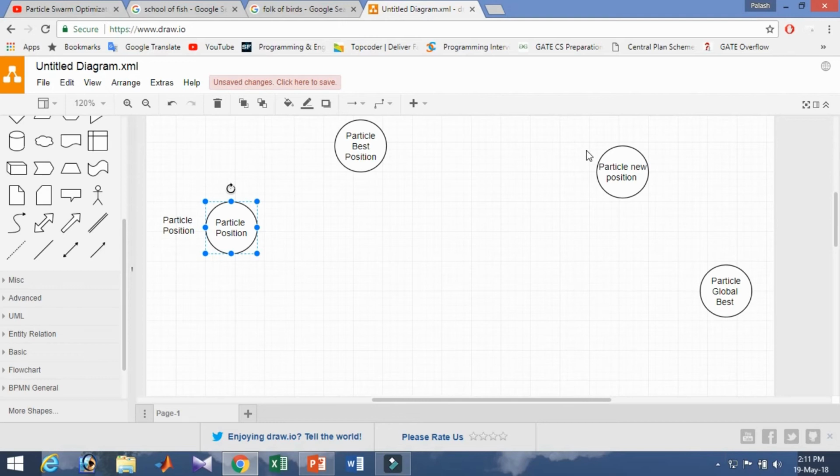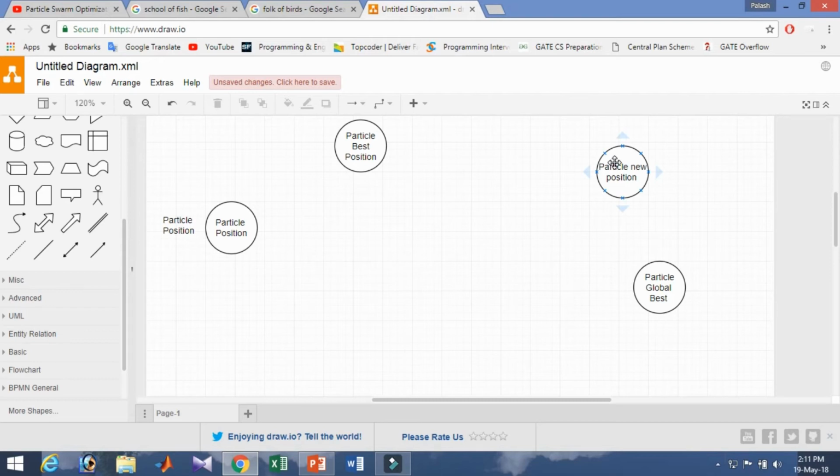For simplicity, take the assumption that it will come in this direction first. Maybe that happens, and the particle new position will be there.